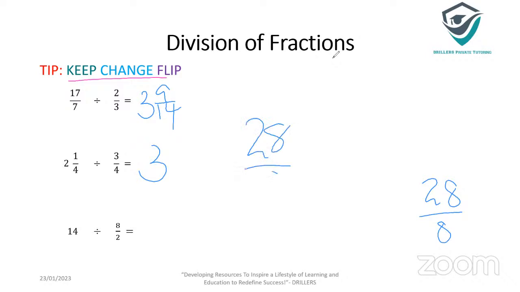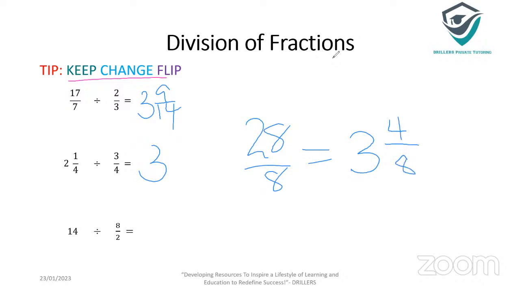So now we can reduce that fraction. So we know that 8 can go into 28 3 times, because 3 by 8 is 24, with a remainder of 4. So we now have 3 and 4 over 8, which can be reduced.